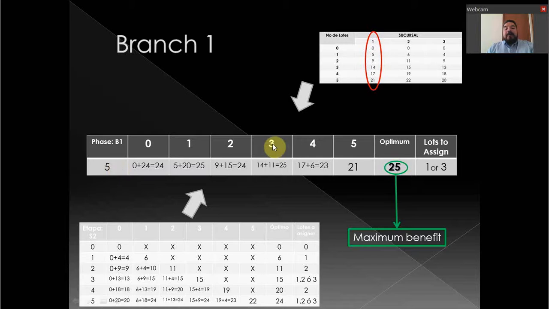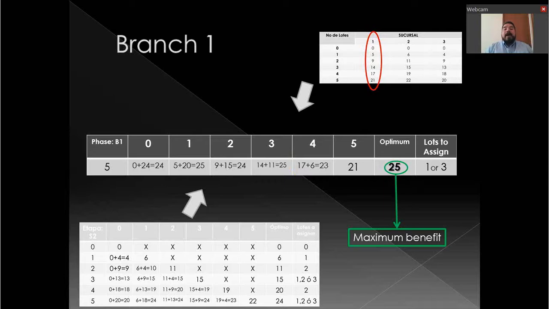If I assign 3 lots to branch number 1, I will have a benefit of 14, and I will have 2 lots left, and the optimum value of 2 lots left is 11,000 pesos. So 14 plus 11,000 pesos is going to be 25,000 pesos of benefit.